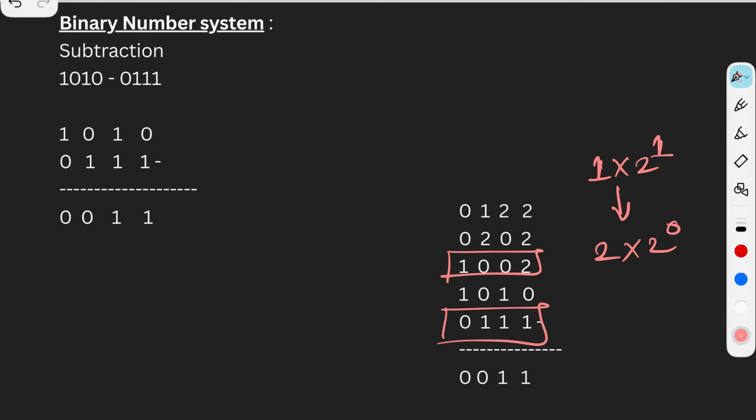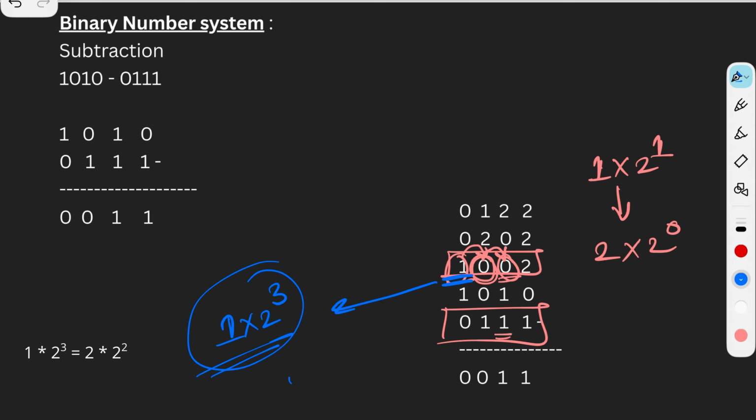Again we encounter the same problem. We need to take away 1 from this 0. Who is going to help it? This particular place should help it, but this place also has 0. So this place should help them, right? 1 at this particular position has a value of 1 into 2 to the power 3. This can be written as 2 into 2 to the power 4. So when you take 1 from here, it will become 2 at this particular location.